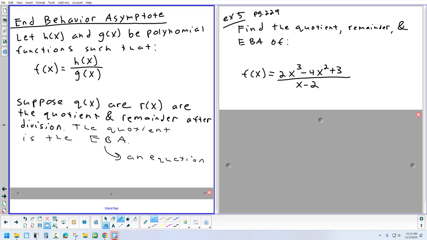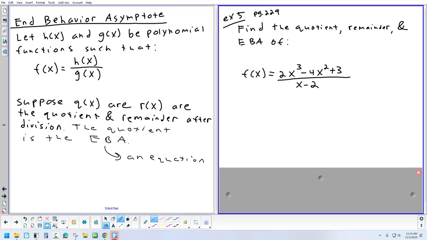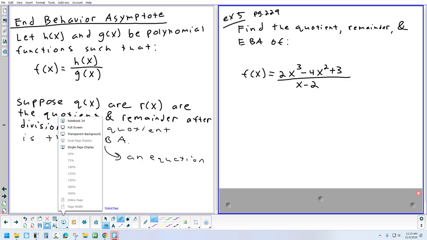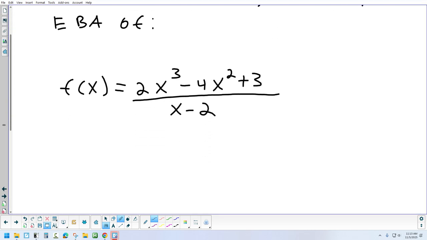All right, so let's try finding the quotient, the remainder, and the EBA for example 5. Okay. First of all, does synthetic division apply in this problem? Yes, it does. When I do the synthetic, what number would go on the outside? 2. It's always the number after the minus sign.